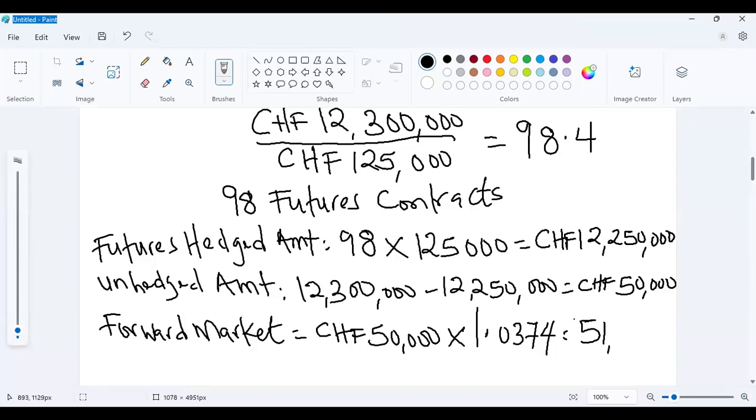Okay, I need to put dollar here. This is equal to the dollar amount 51,870.